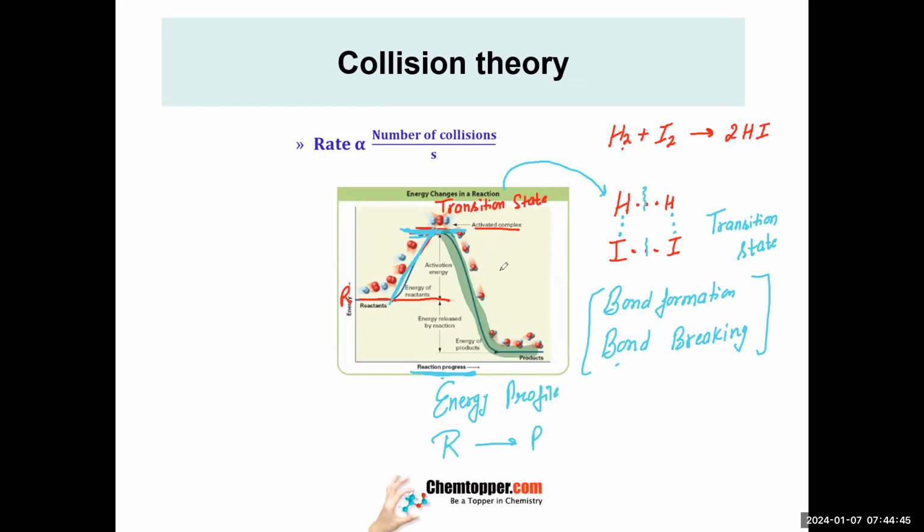This is bond formation, this one. The green one, exo, energy going down, energy going up. Are we clear? So on this energy profile, many questions will be there. Ready to answer some questions now? Okay.